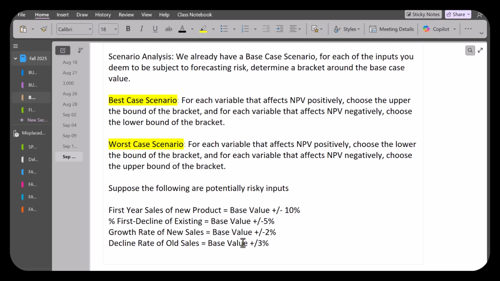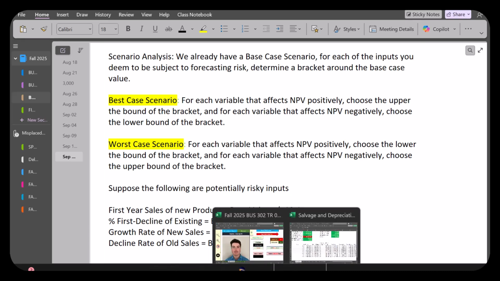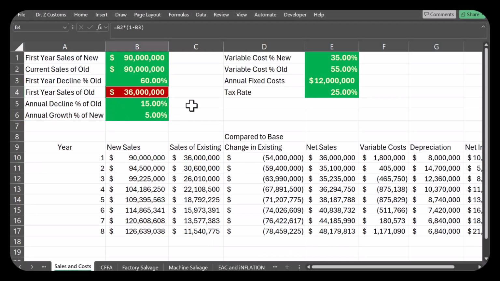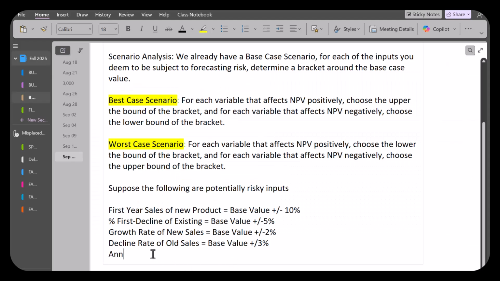Did we also have annual fixed costs? Yes, we did. I'm just making up those numbers, but maybe the costs are a little bit more variable.